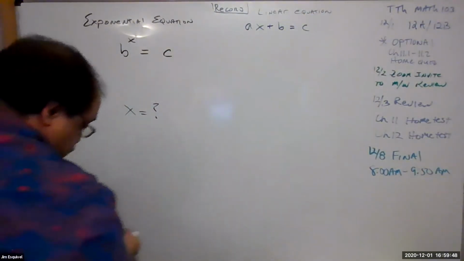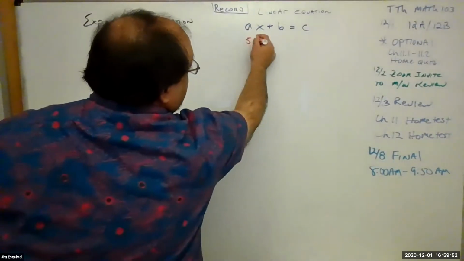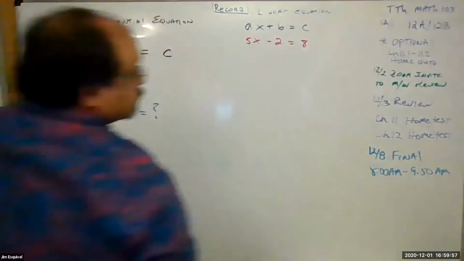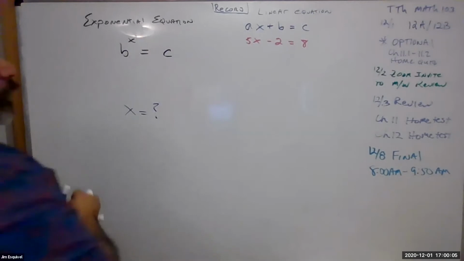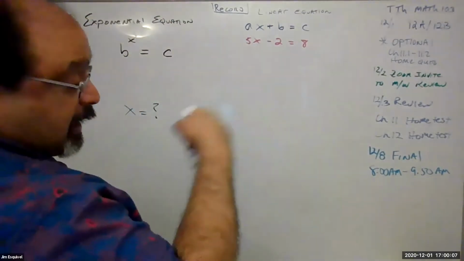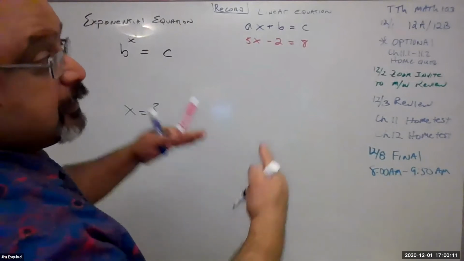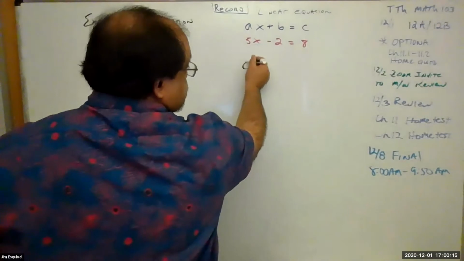Kind of like 5x minus 2 equals 8. We've been solving those since Math 201, Algebra 1, and then in Basic Algebra. And then we just got done in Chapter 11 solving quadratic equations.